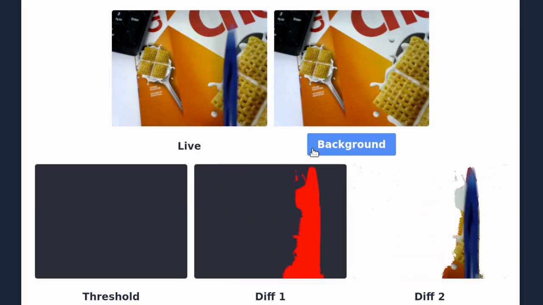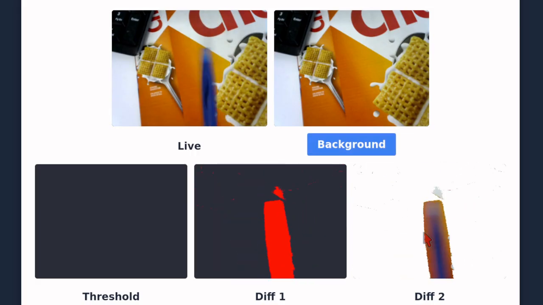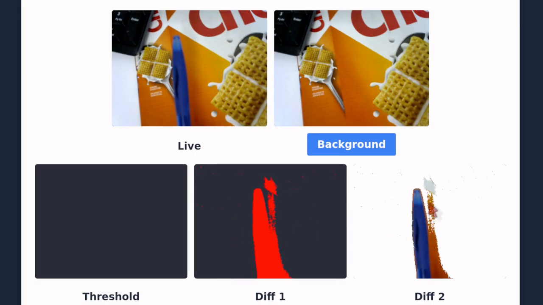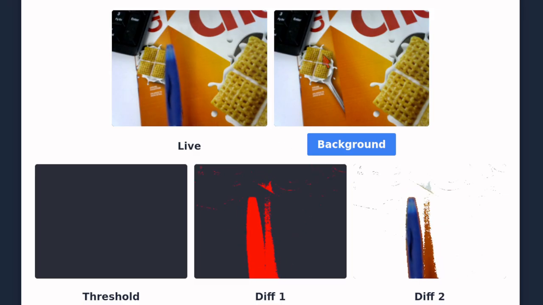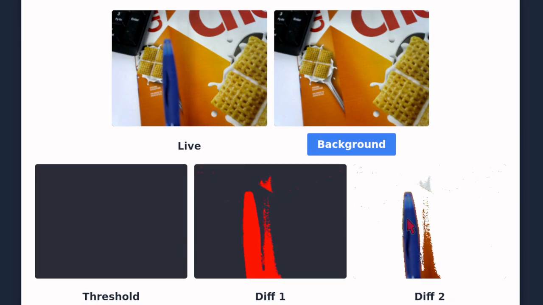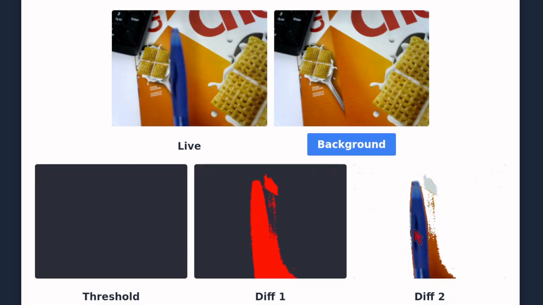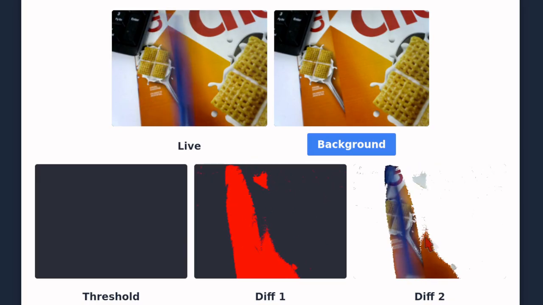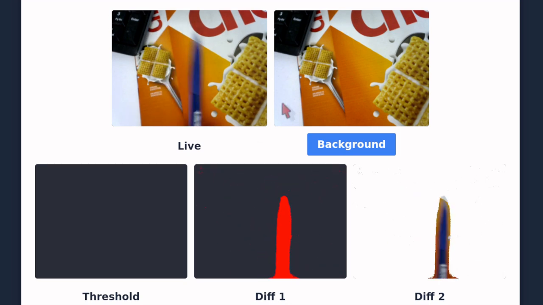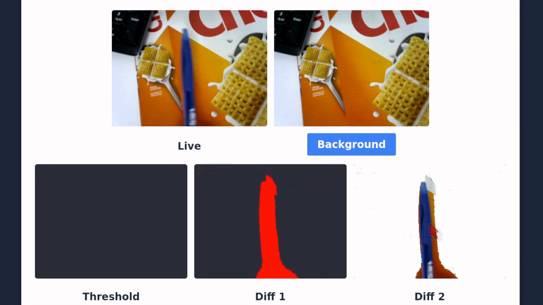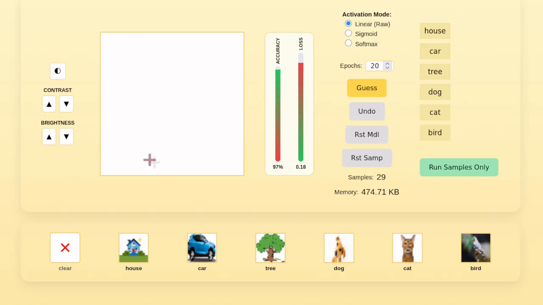Okay, that's better. Notice that it isolates the image. This is the key one right here. It does a difference between the live input and the background, and it isolates the live object.